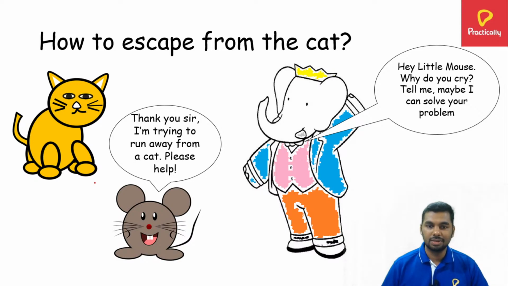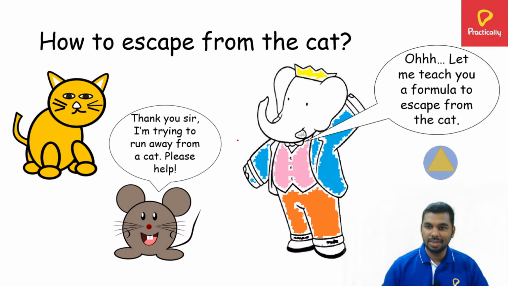Now, this is Dr. Elephant. He is a very brilliant person. Now, he is going to suggest a solution. So he told he'll teach a formula. So this mouse knows some mathematics. You should assume that. Now the formula that he gave was drawn on a sheet of paper and it was passed on to the mouse.